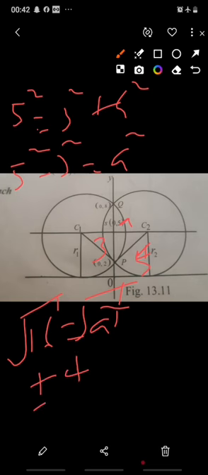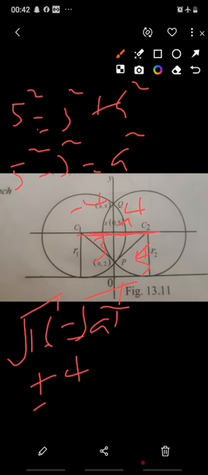Now it is plus or minus because the distance is the same. If I move from here to this point, the distance that I'll cover is the same as moving from S to C1. So S to C2 and S to C1 will be the same, but just that it will be negative. So from S to C2 is 4, and from S to C1 is negative 4.